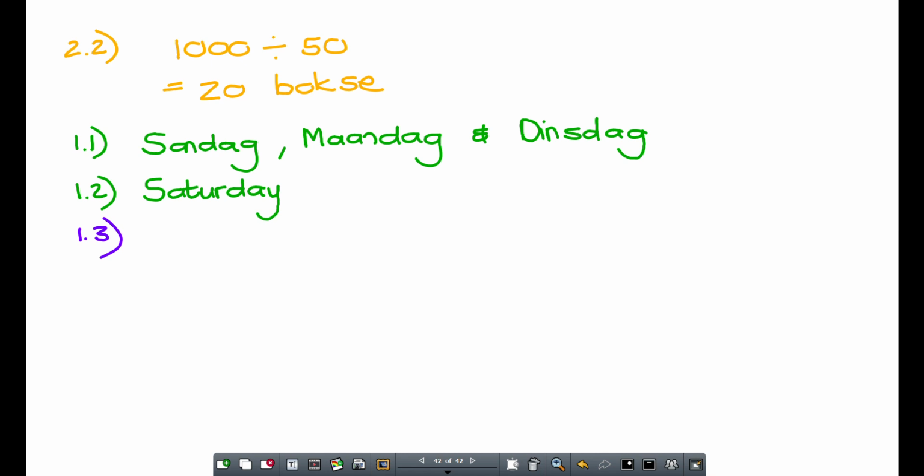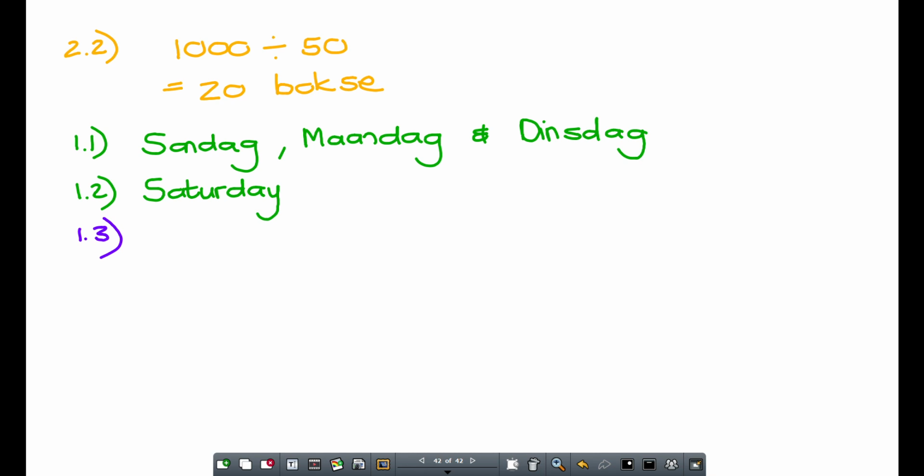Determine the probability as a simplified fraction of one of these days being windy. Okay? Hoeveel dae gaan daar wind wees? Jy sal sien by Saterdag praat hulle van wind. Sondag sê hulle partly cloudy. Monday is sunny. Dinsdag is son. Woensdag sê hulle rain/wind. So dis die tweede dag wat hulle wind voorspel.